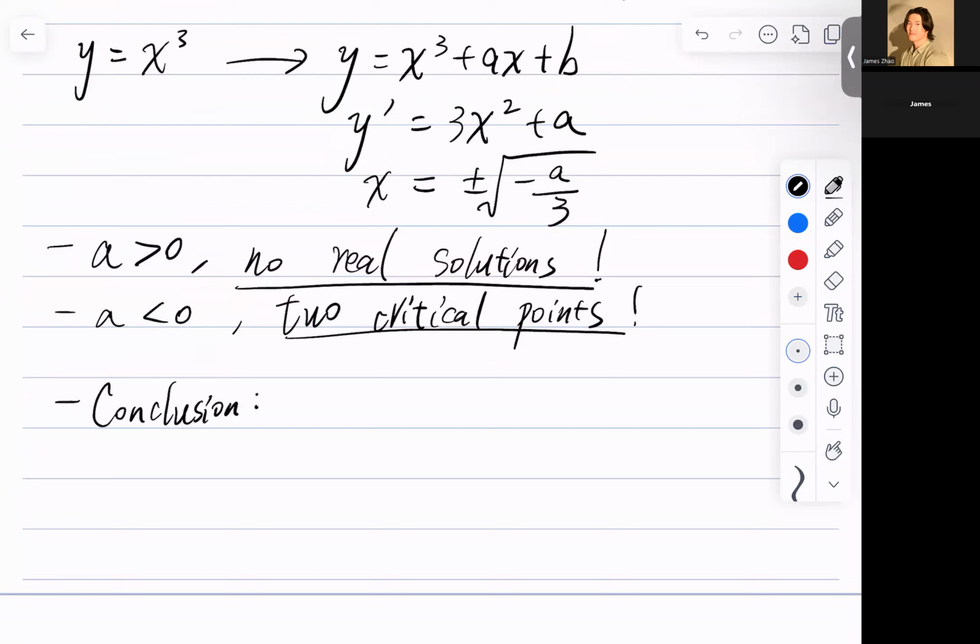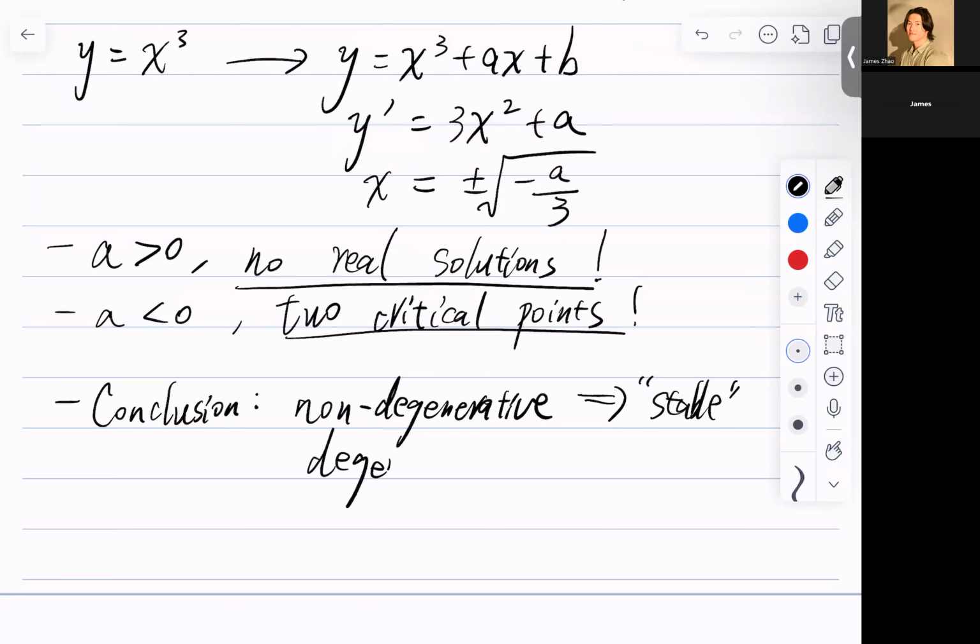For non-degenerate critical points, we can call those stable critical points because we can perturb them and their property doesn't seem to change. However, when we have those degenerate points, we end up having unstable points that when we perturb them, their properties can easily change. And we don't know how they would change sometimes when the problems get complicated.